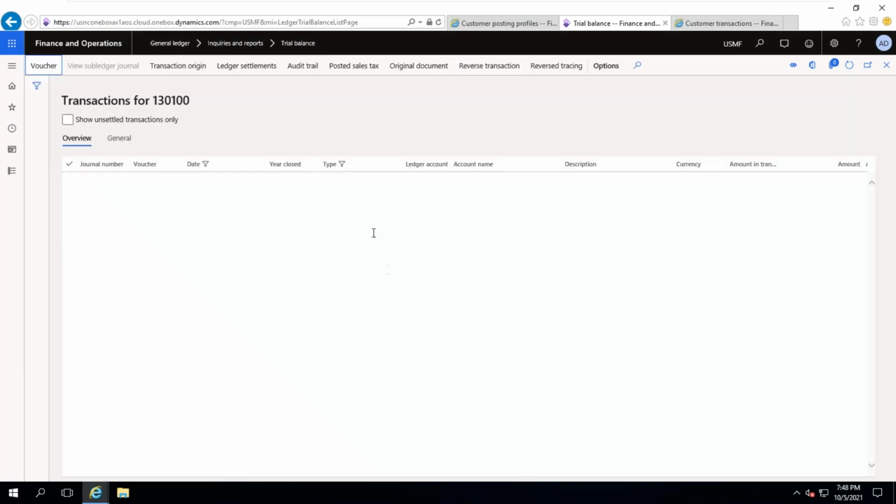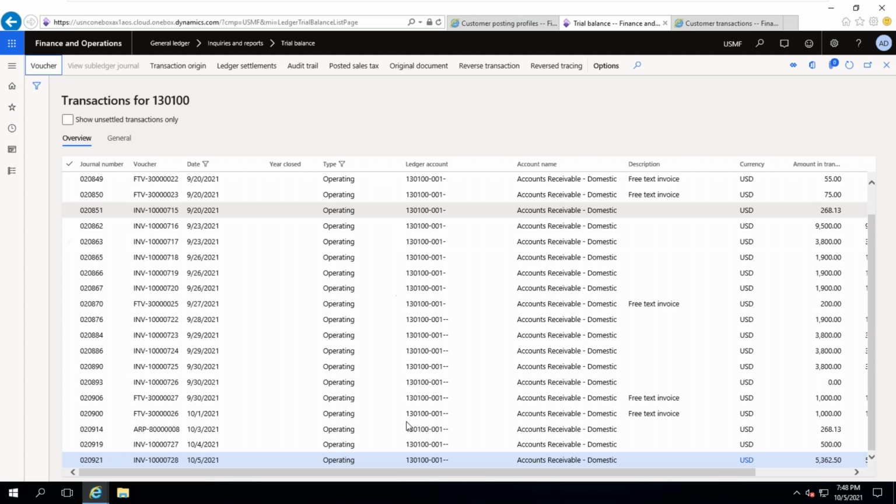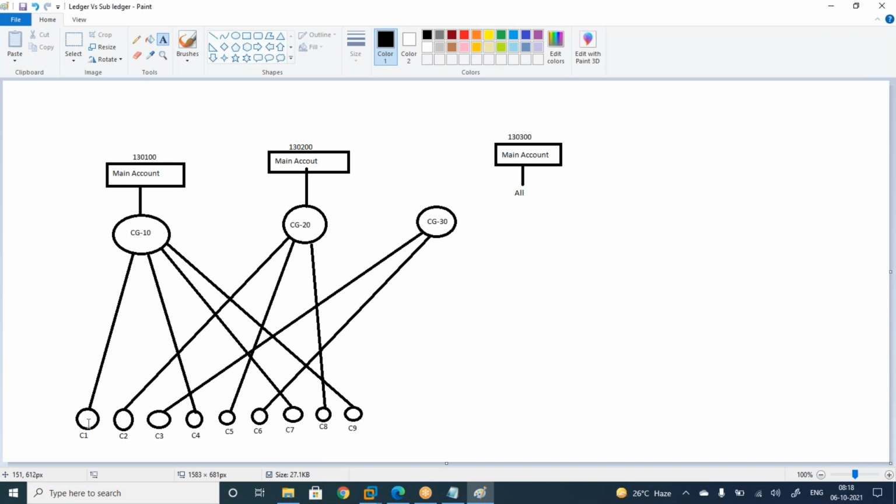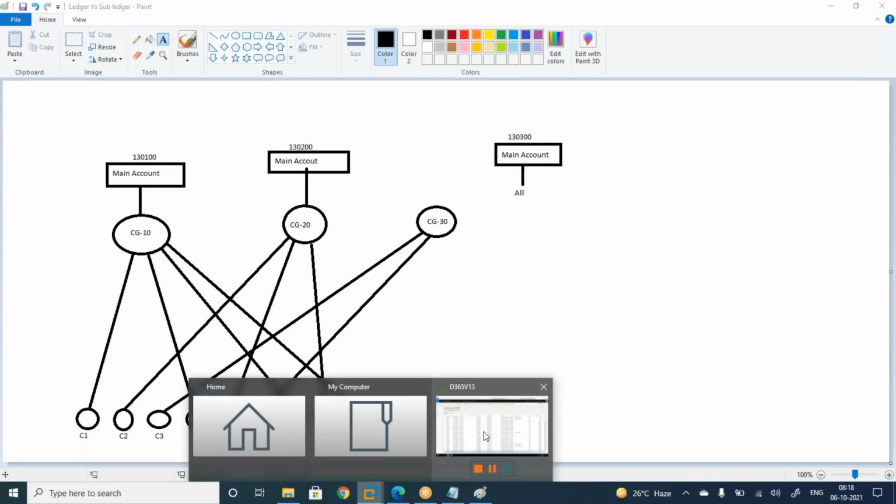This is called ledger subledger concept. So customer is linked to the customer group, which is linked to the account.